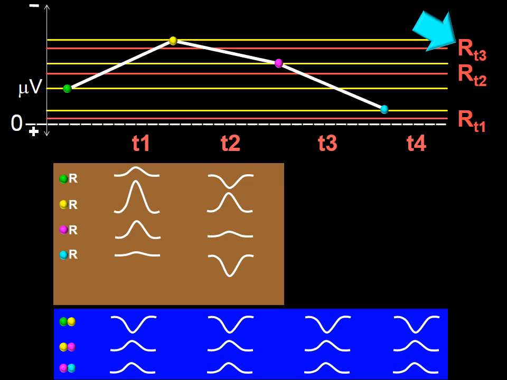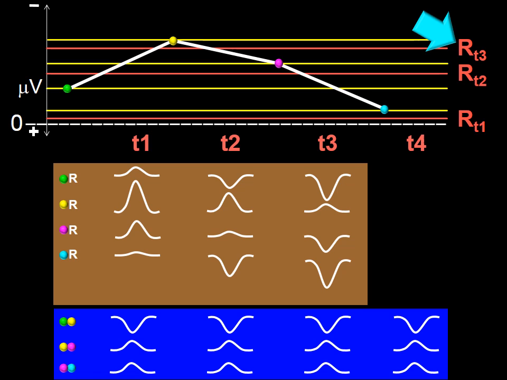Were we now to move the reference to be at a slightly more negative value as indicated by the arrow, we would still get a phase reversal because the yellow electrode is still more negative than the reference, while the other electrodes are more positive than the reference.